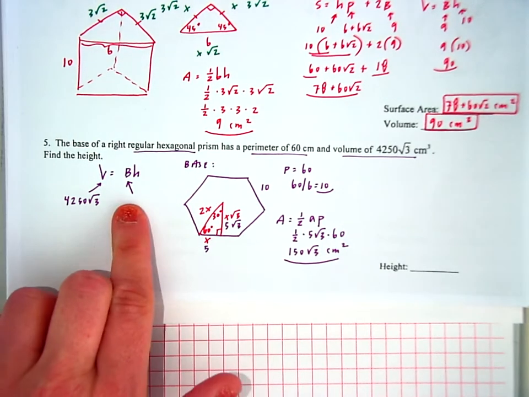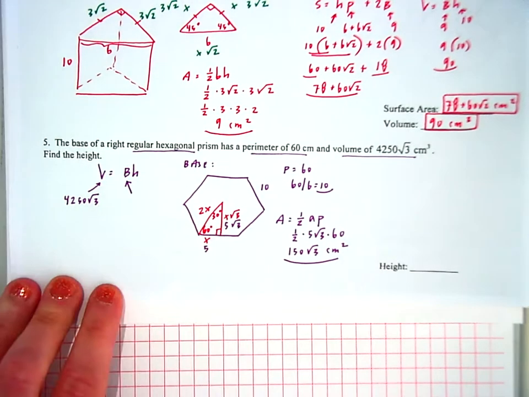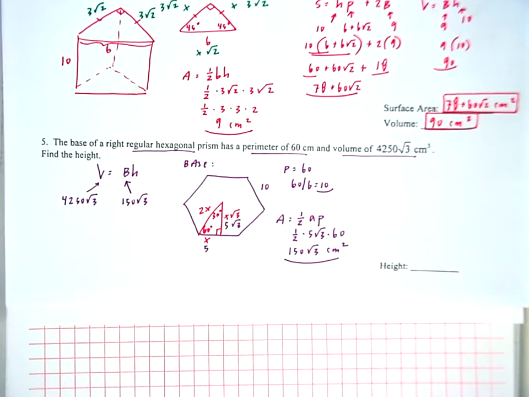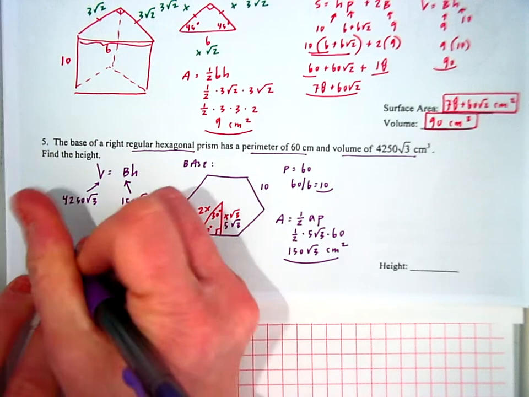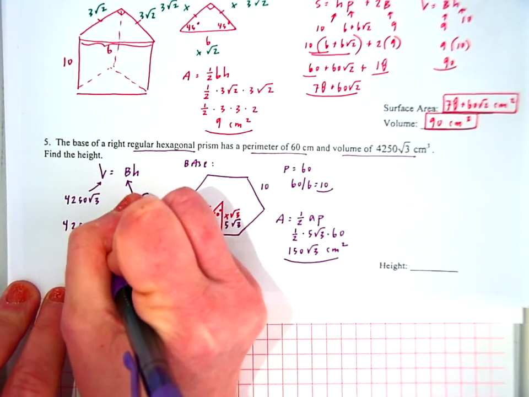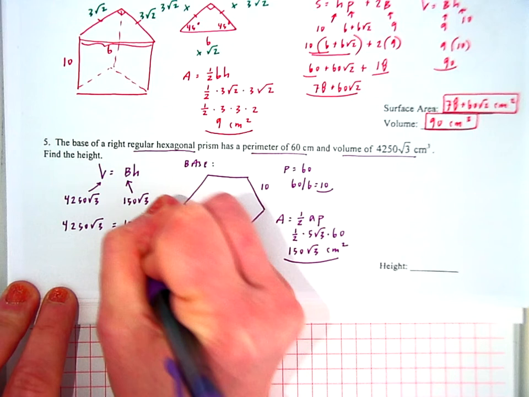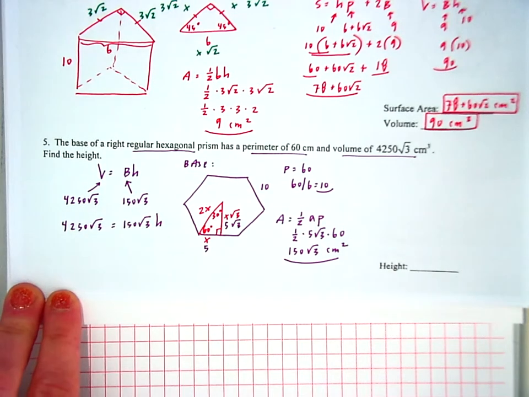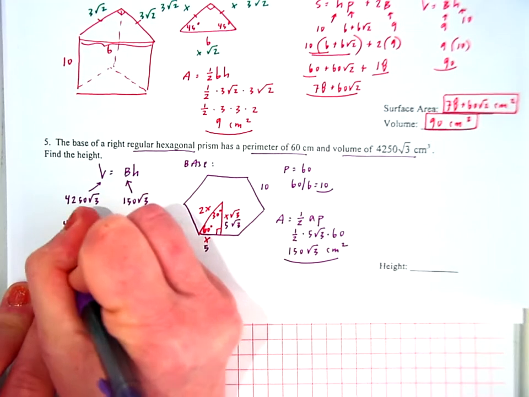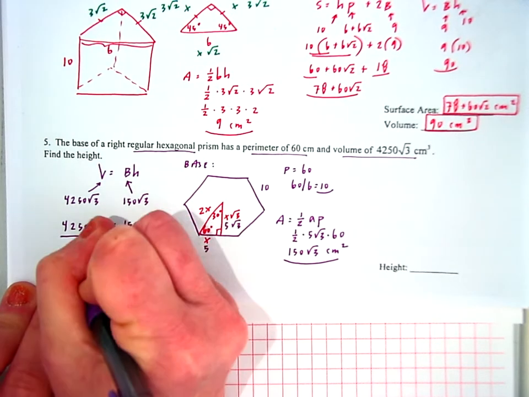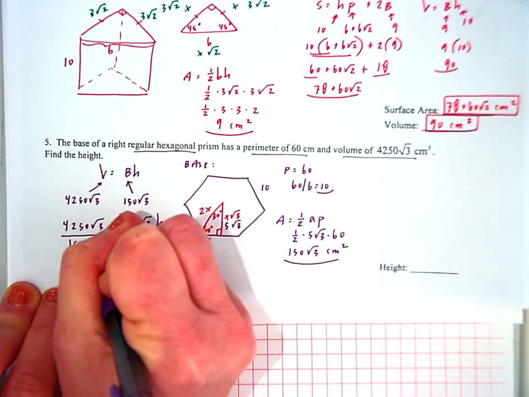That's actually what's going in right here. So 150 root 3. So now, again, it's just an algebra problem. I need to solve for h. So I know that 4,250 root 3 equals 150 root 3 times h, times my height. So I'm going to divide each side of my equation by 150 times the square root of 3.